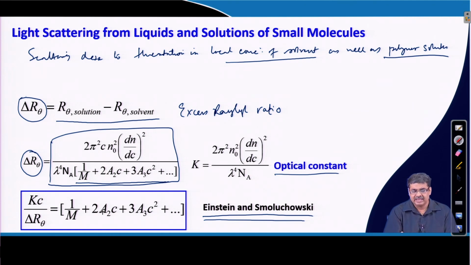In the next lecture, I will take care of asymmetric scattering, which means when the solute or polymer size becomes large enough that the Rayleigh ratio is dependent on the theta value.